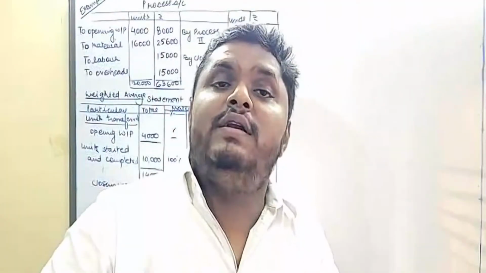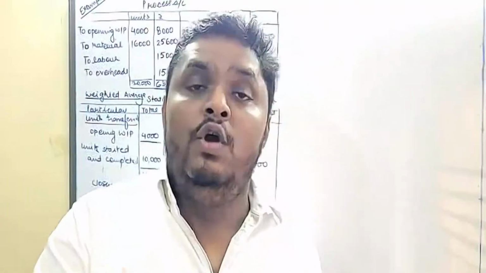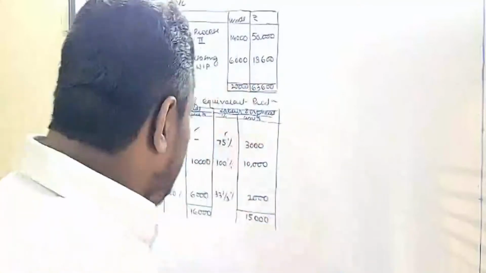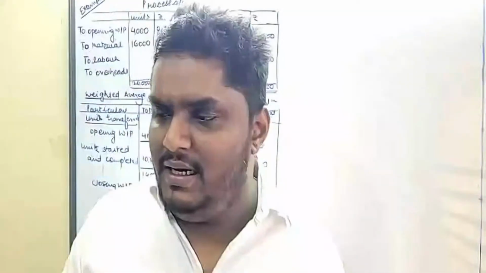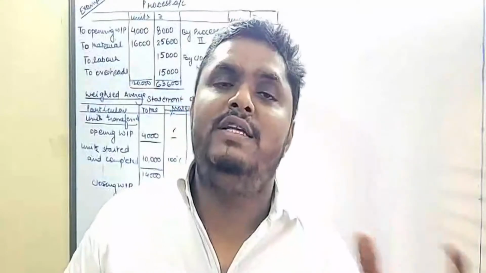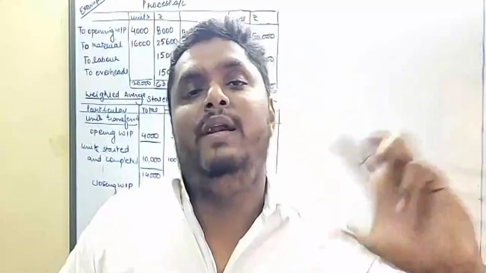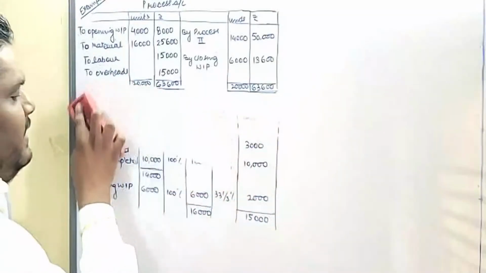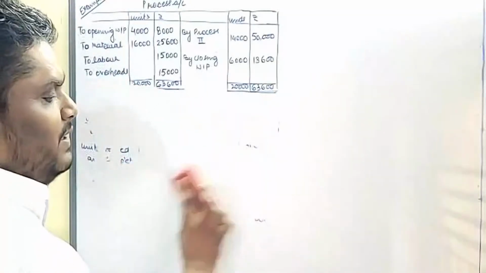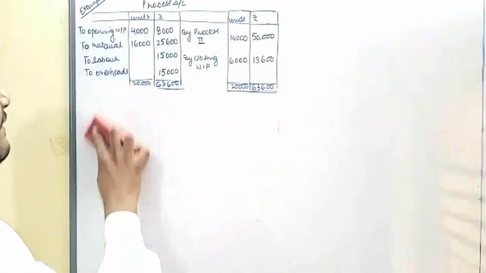We can convert it into the weighted average method. So how come? Very simple, guys. Let me discuss this separately. Then I will teach you how to convert the FIFO statement into weighted average. That will be better. So better let me discuss this part separately. Then I'll teach you how to convert the statement of FIFO into weighted average method.